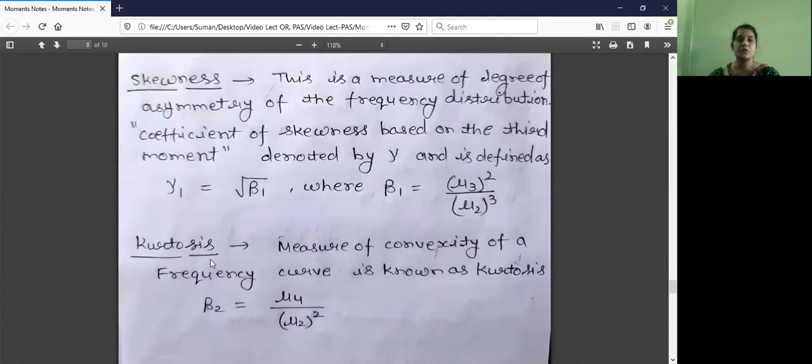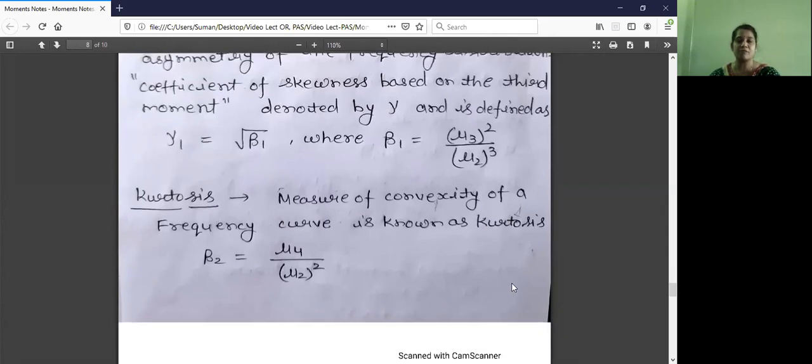And next is kurtosis. What is kurtosis? Kurtosis is the measure of convexity of a frequency curve. The formula of kurtosis is beta 2 equal to mu 4 divided by mu 2 squared, where mu 4 is the fourth moment about the actual mean.